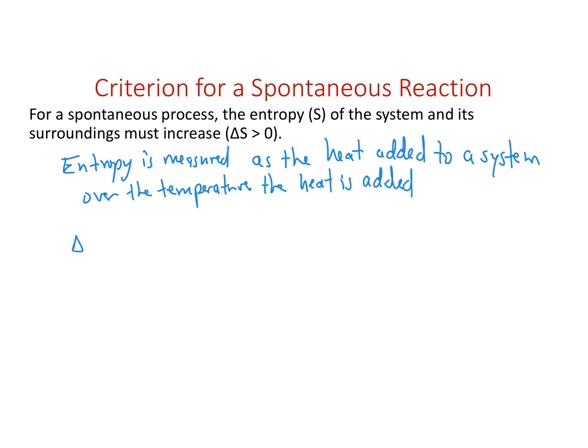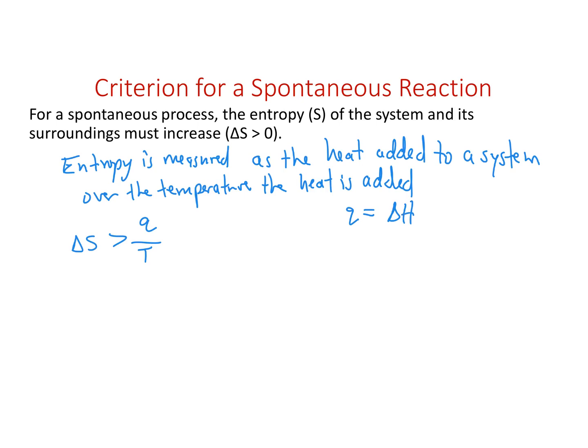And we said that for this to be spontaneous, we need to have an increase in entropy. So that means that the change in entropy, change in S, needs to be greater than the heat over the temperature. And the heat that we're talking about is really the delta H.